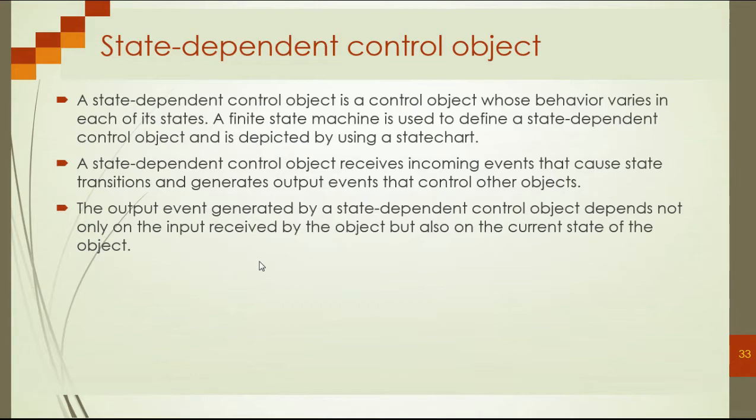Here we are controlling the system based on the current situation of the system. So the output or the result of the state dependent object is not only based on the input but also based on the current state of the system.